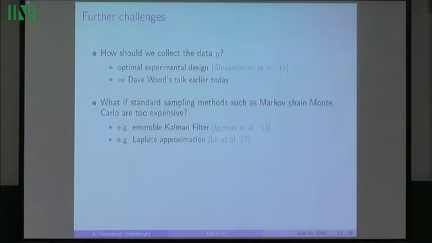Here are just a couple more references. If we're working with these differential equation-based models, then these models are very expensive to deal with, and sometimes even if you use surrogate models, standard methods such as Markov chain Monte Carlo and Metropolis Hastings are still too expensive.